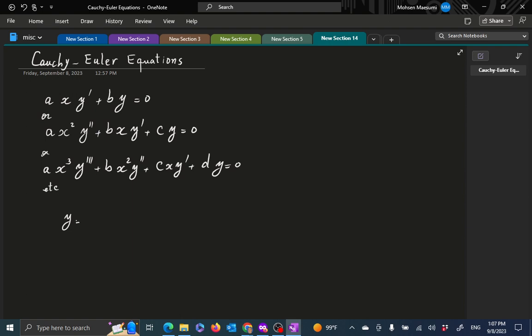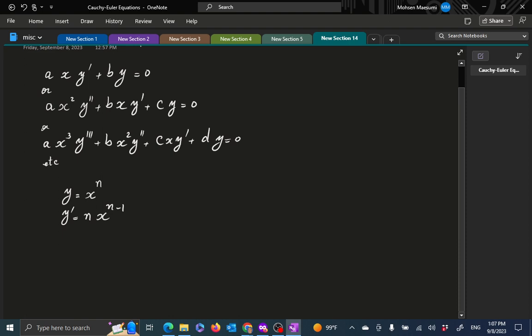Suppose I have y equal to x to some power, let's call it n. If I differentiate, what happens? n comes out front, and of course this is for n a constant number. If you differentiate a second time, you lose two powers. So this becomes n times n minus 1 times x to the power of n minus 2, and so on.